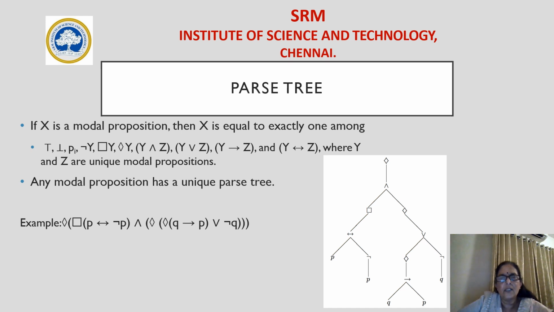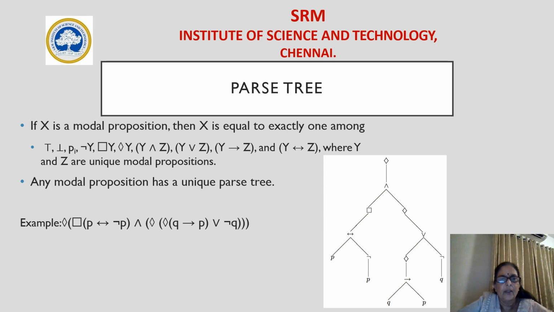Now let us look at how we could check otherwise whether the given formula is well formed or not. As we have discussed in the case of propositional logic, here also we can use the parse tree. Any modal proposition should have only a unique parse tree.